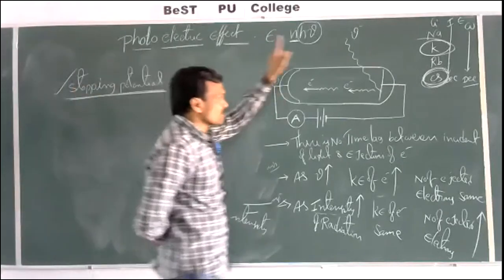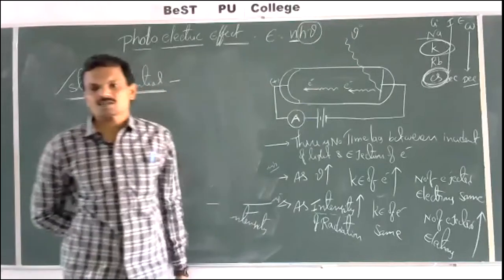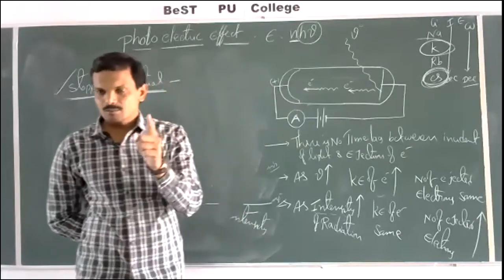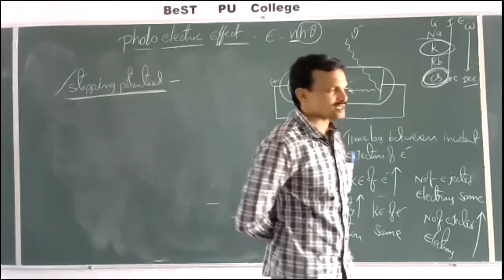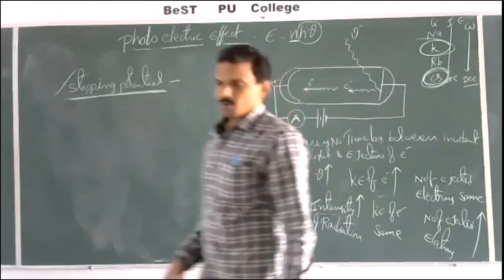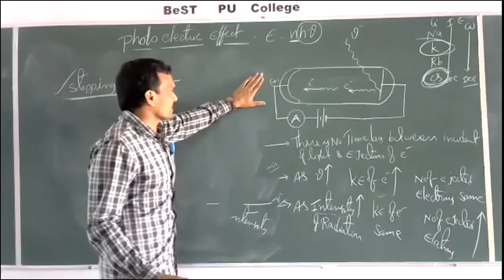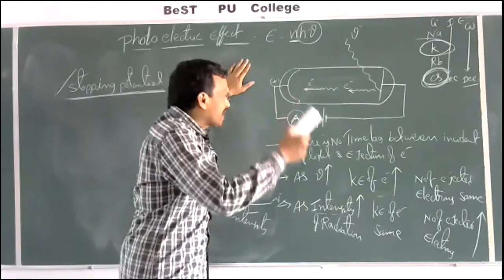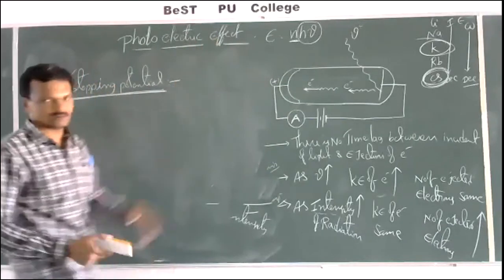And this experiment indicates that electromagnetic radiations have both wave nature as well as particle nature. The wave theory explains the wave nature of electromagnetic radiation according to Maxwell's theory. And from this photoelectric effect, we come to know that electromagnetic radiations have both wave nature as well as particle nature.